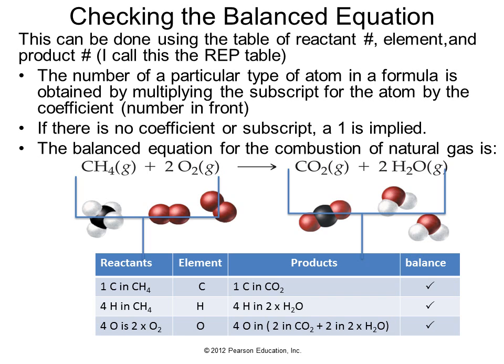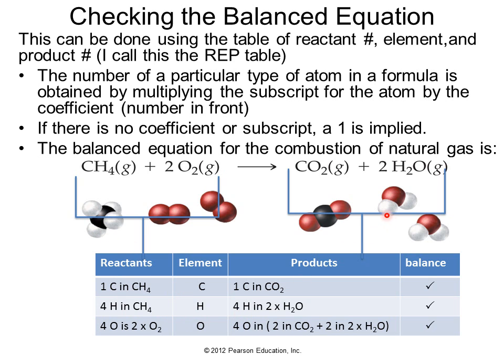We want to check and see if this is balanced. We sometimes use what is called a REP table: reactants, the element, and products. In this, we look at the element carbon. In the reactants, we have 1 carbon, and in the products, we have 1 carbon. Hydrogens, we see we have 4 hydrogens here.